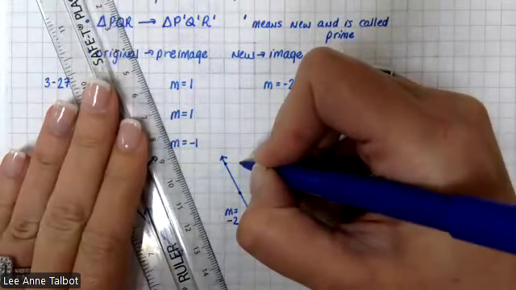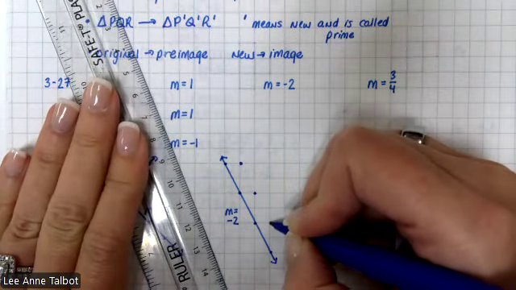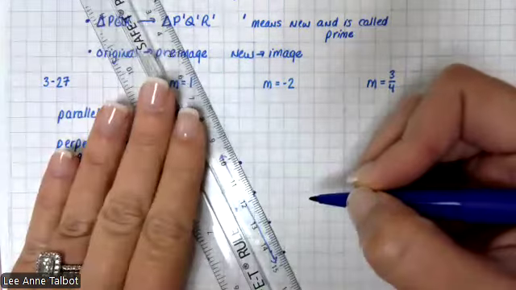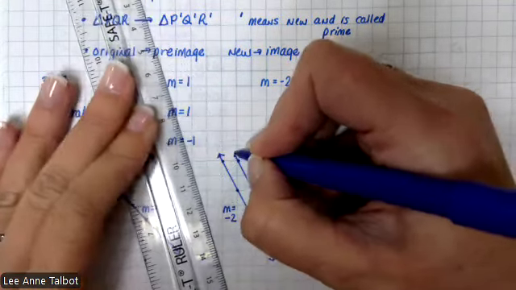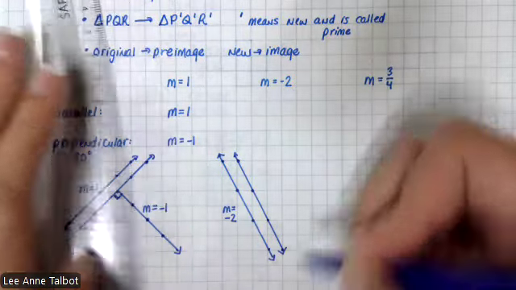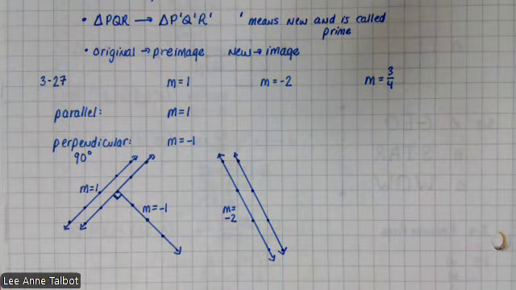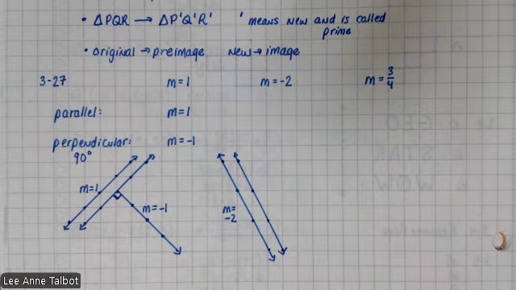Okay, then draw a parallel slope. What's the slope of that one? -2.